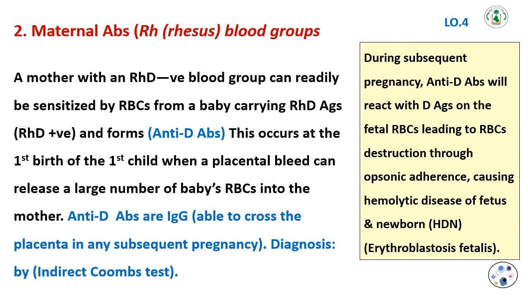This occurs at the birth of the first child, when a placental bleed can release a large number of the baby's RBCs into the mother.